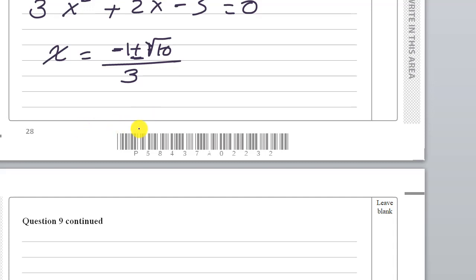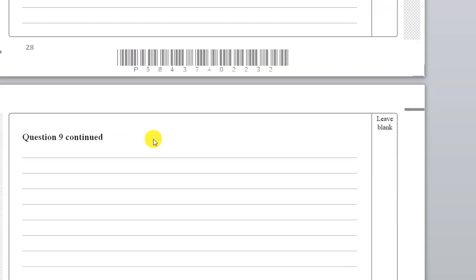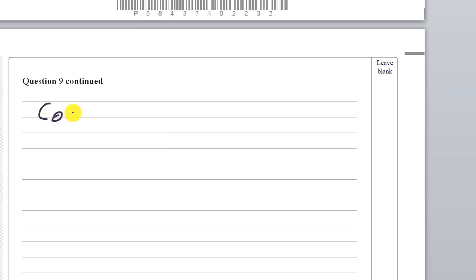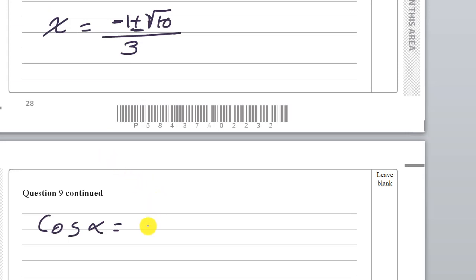So now this is x, so cosine alpha is equal to the value minus 1 plus or minus square root of 10 divided by 3.